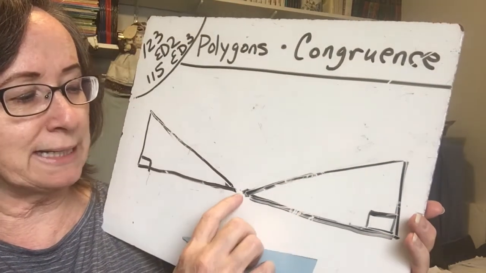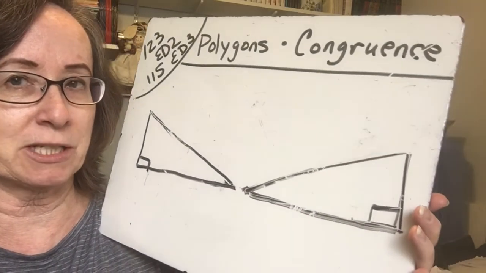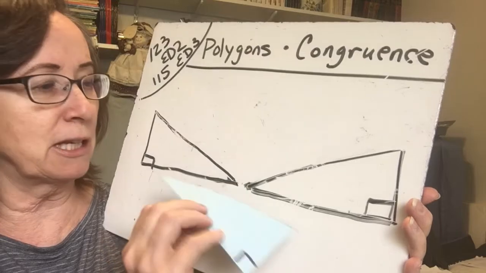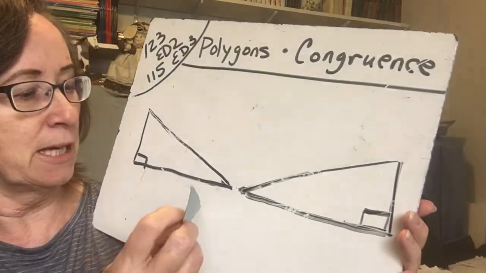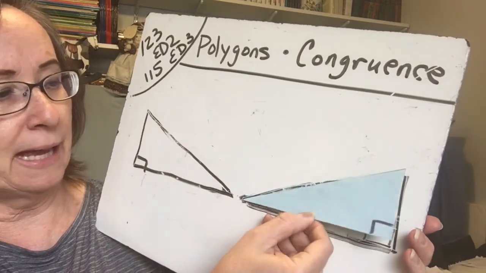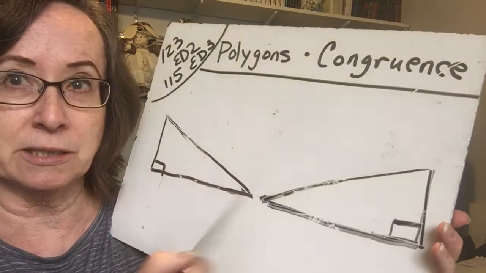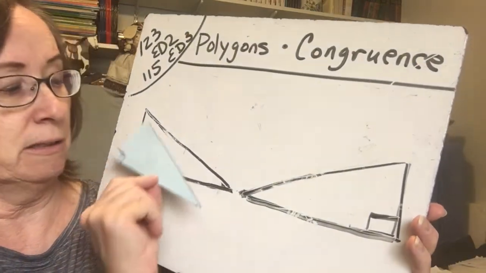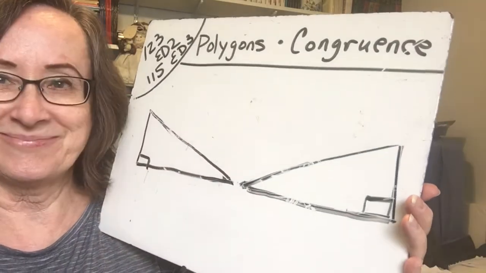Now, if they were right together, corner to corner, then we could just do a flip, which is a reflection. But there's a little bit of distance between them, and in your book, there's a lot of distance between them. So we would say this one is a flip and a translation, which is a move. So the flip is called a reflection. So we reflect and we translate.